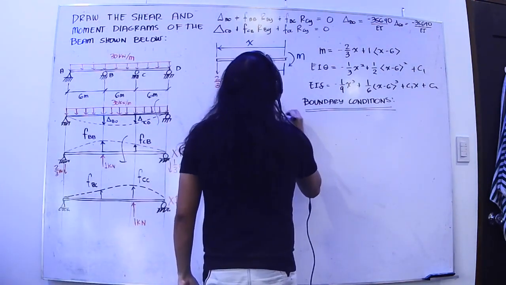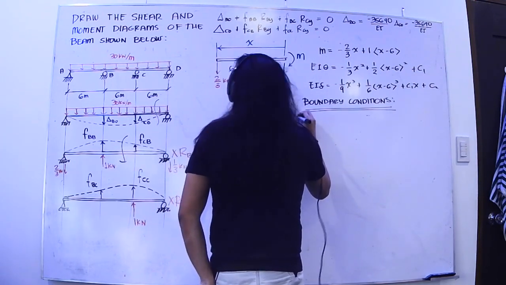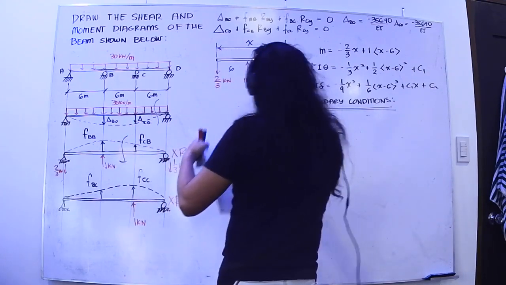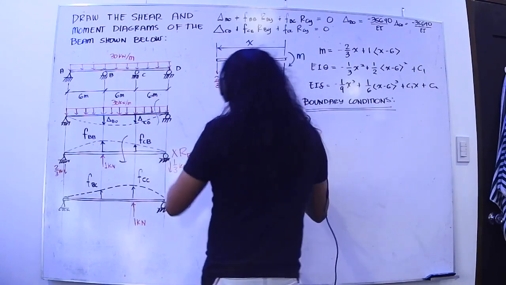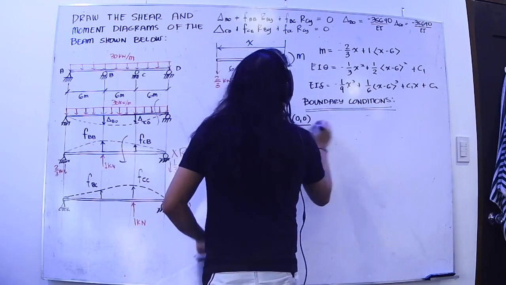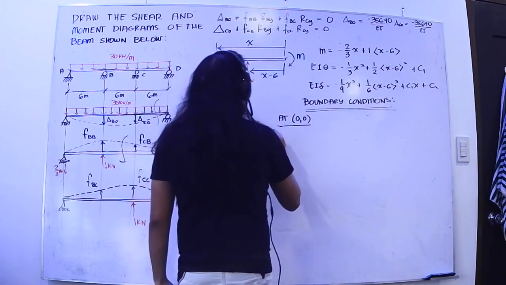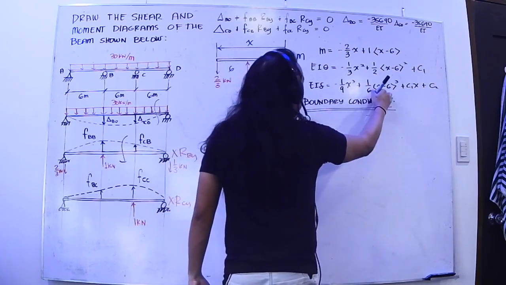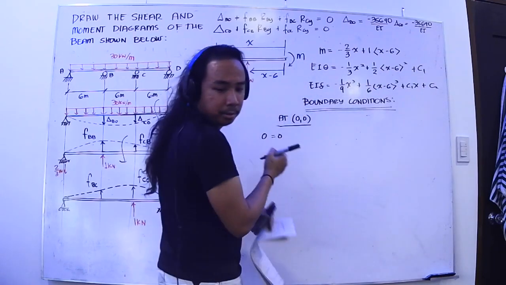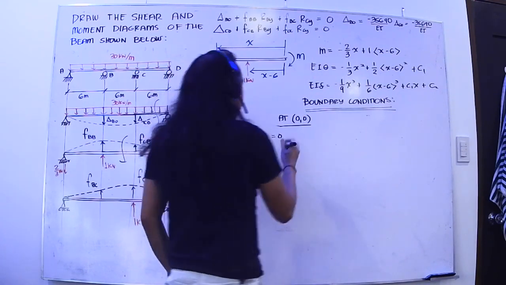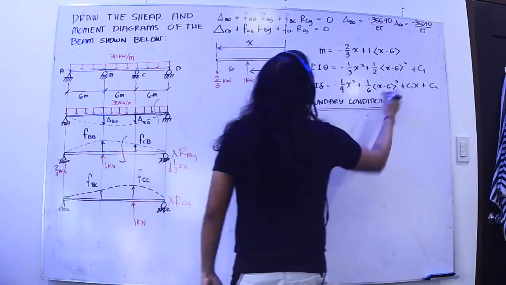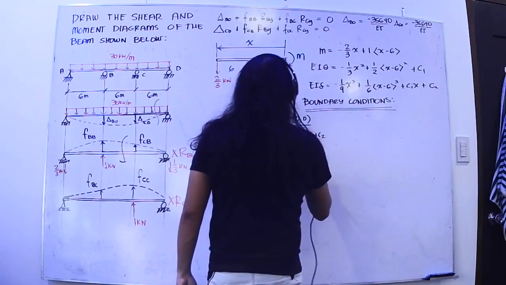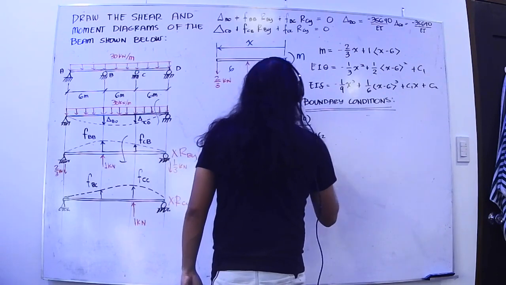So at point B, boundary condition 0, 0, I put 0 here, this is 0, and the argument in the Macaulay brackets, being negative, should be 0 too. This is also 0 plus c2, which c2 is verifiably 0.